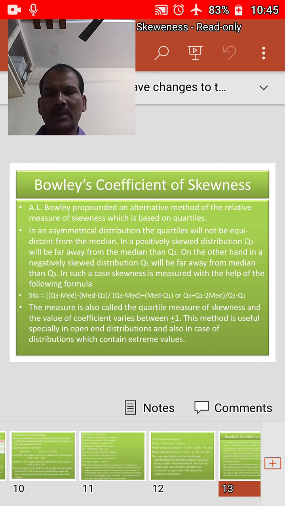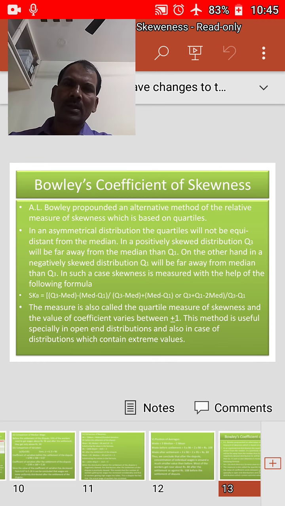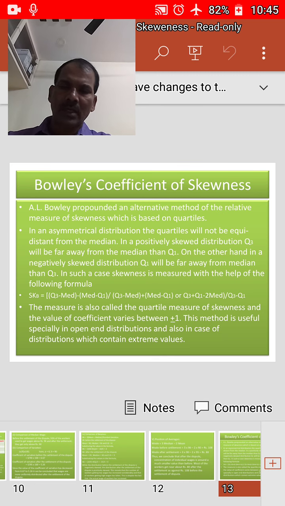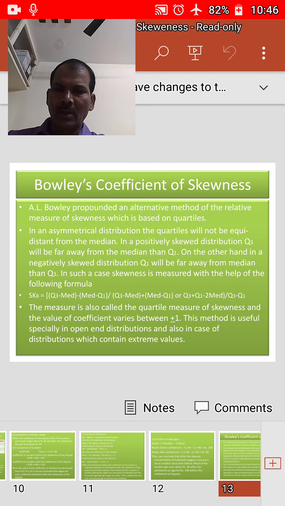This is a realistic range, unlike the Karl Pearson coefficient, which is plus or minus 3, which is not possible in real life. This method is especially useful in open-ended distributions and also in distributions which contain extreme values.